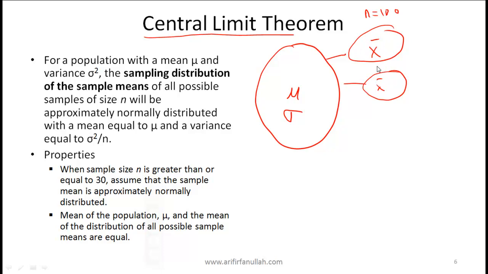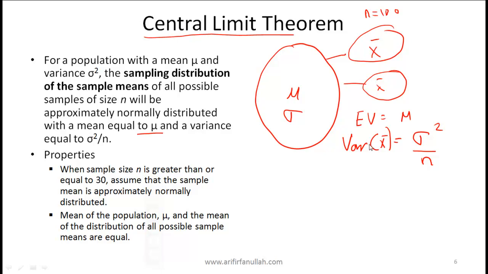According to the central limit theorem, the expected value of x bar, the expected value of the sample means, is equal to mu, which is the population mean. So this is one aspect of the central limit theorem. The variance of x bar is going to be equal to sigma squared, the variance of the population, divided by n, the sample size.